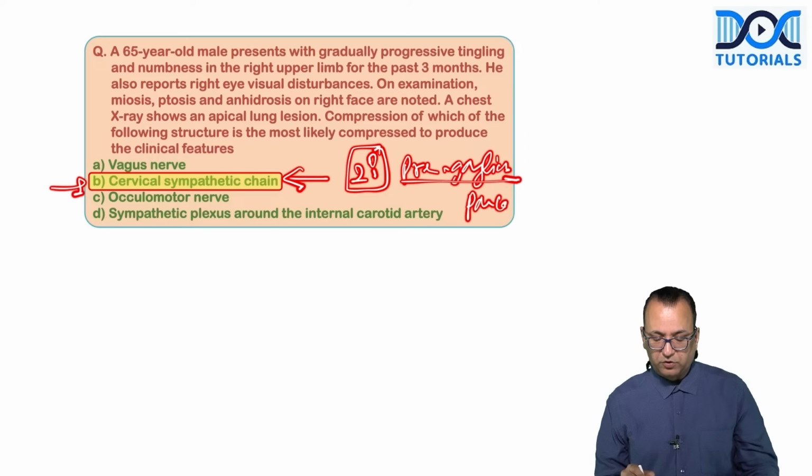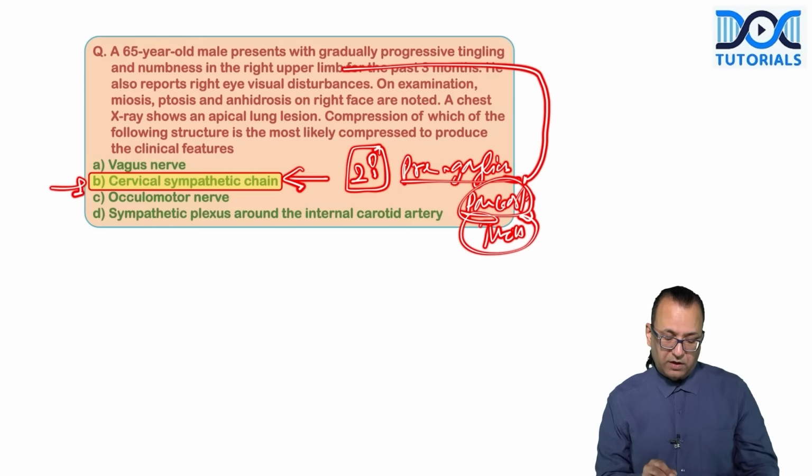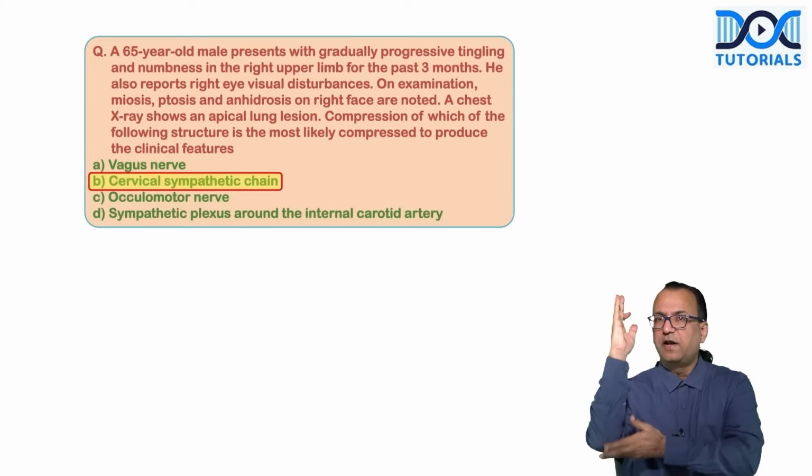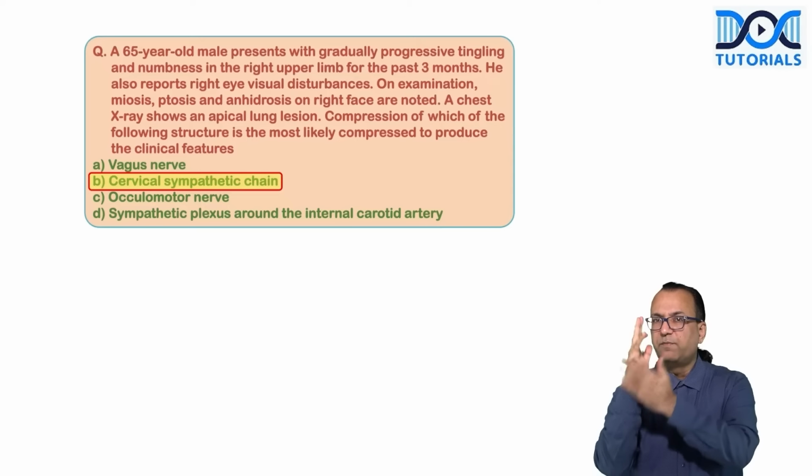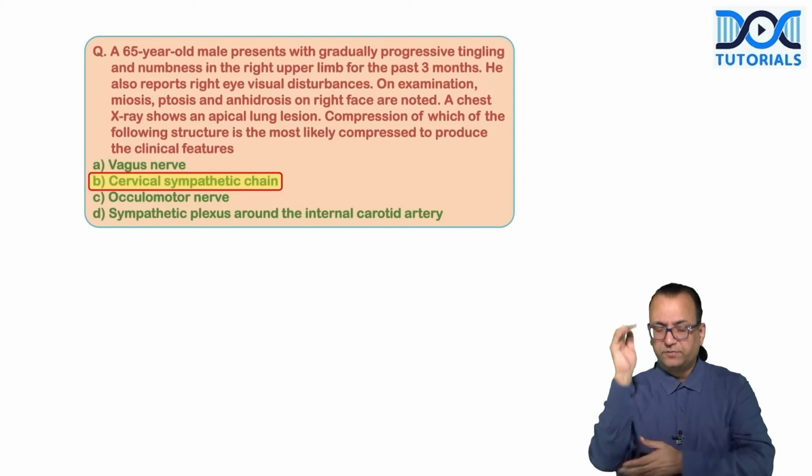It is Pancoast tumor. And Pancoast tumor has not only compromised the sympathetic chain, leading to ipsilateral Horner syndrome with ptosis, miosis and anhidrosis, but it is also affecting the lower trunk of the brachial plexus. That is why the root value C8 T1, basically the little finger and medial elbow, like you see in Klumpke palsy, has sensory loss.